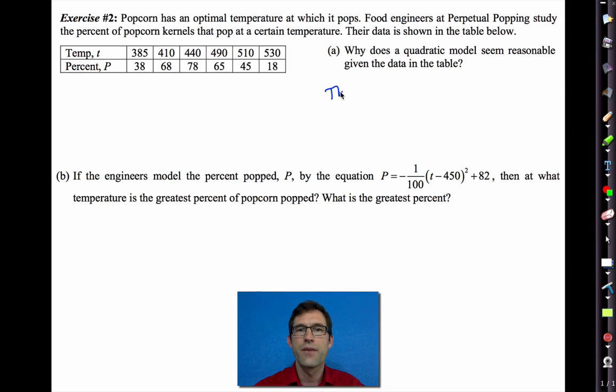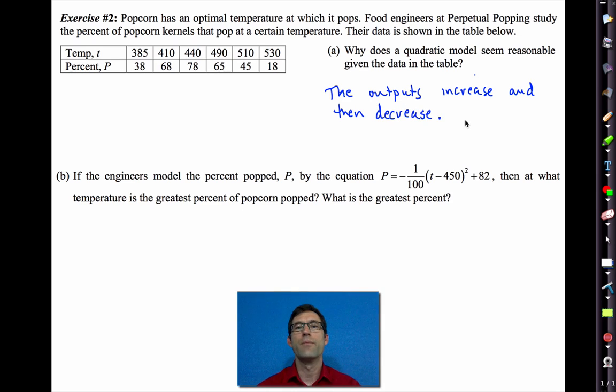I'm going to say the outputs increase and then decrease. And that's why a quadratic model would work well. Or, better yet, why it would be reasonable. I don't know if it really works all that well.